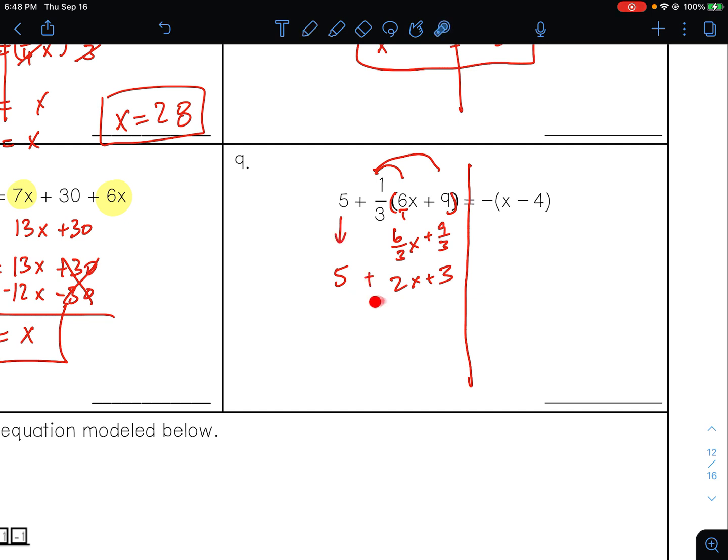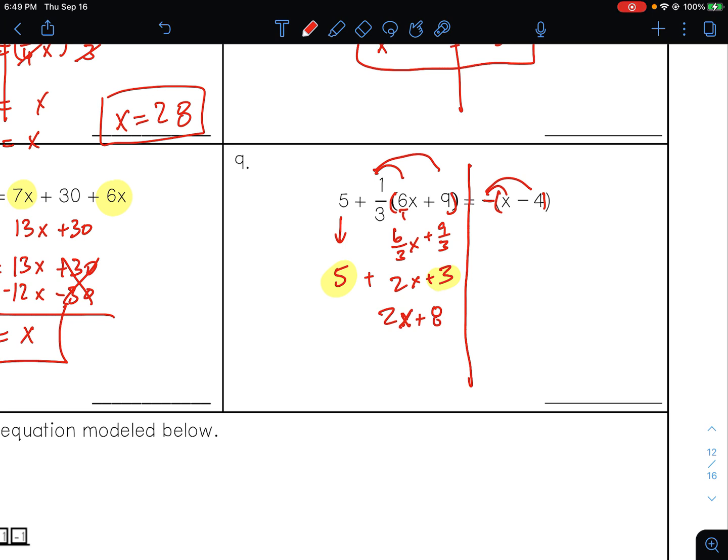I'm going to keep working on this side rather than rewriting the other side. So I'm going to combine this like term, 5, with the plus 3. That gets me 8. And then I have 2x, which is positive, so 2x. Okay, on my right side, I have this negative and this parentheses, so it just changes the sign of everything inside.